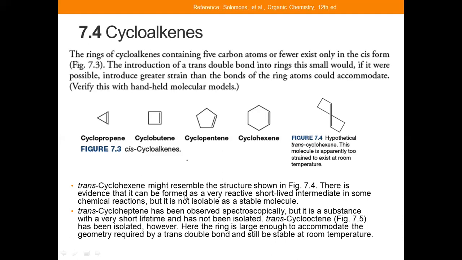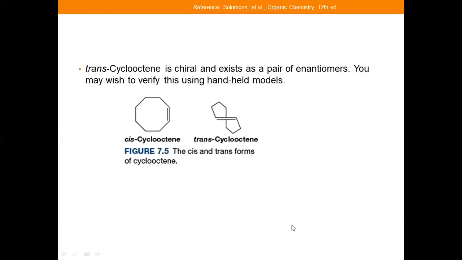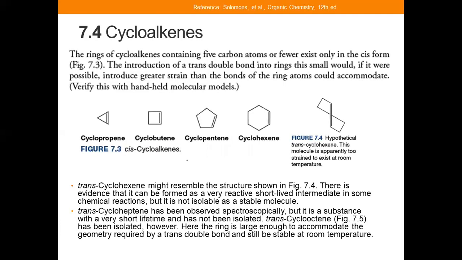When you go to cycloheptene, trans-cycloheptene has been observed spectroscopically, but it's a substance with a very short lifetime and has not been isolated. However, the ring is large enough to accommodate the geometry required by trans.